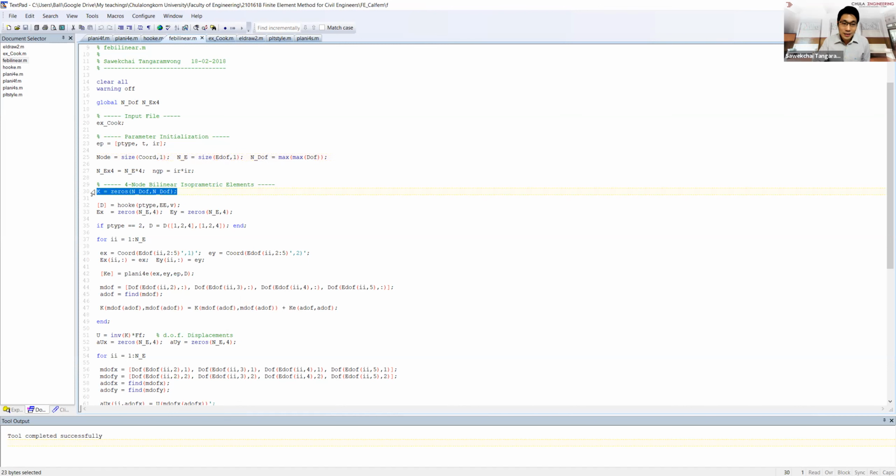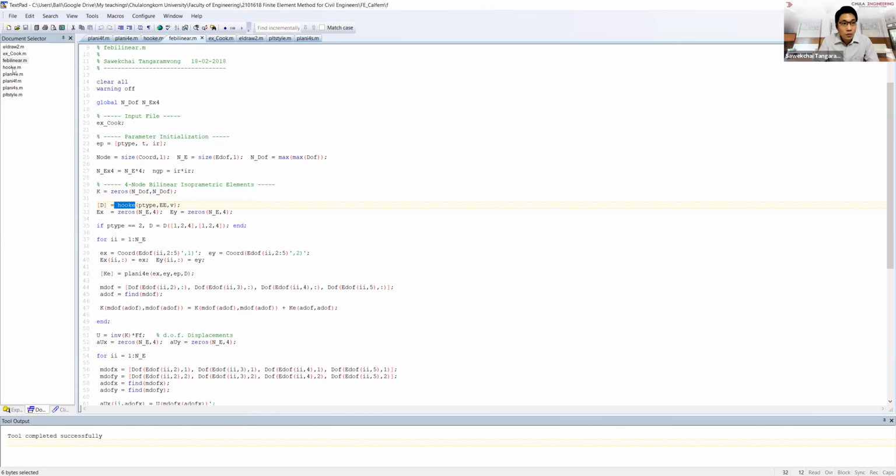Then they start to assemble the K matrix. So they just open the array of the size of the K matrix, which is zeros in the dimension of total degree of freedom by total degree of freedom. And they start to call the Hooke. This is the Hooke's law, right? This is the standard plane stress and plane strain. So they start to assemble the D matrix for you, right? And how do you find this? You just go to the Hooke function.